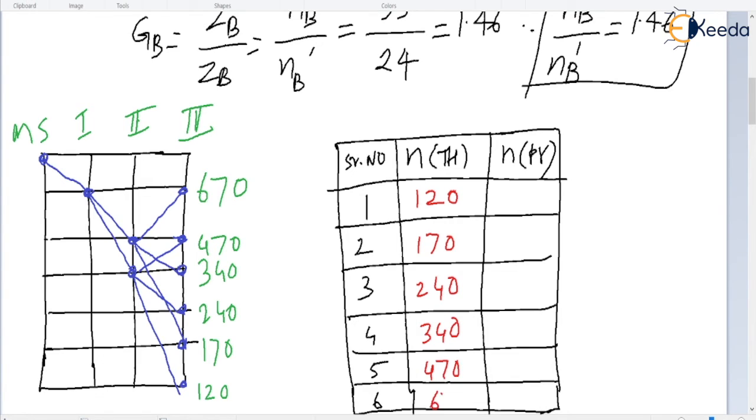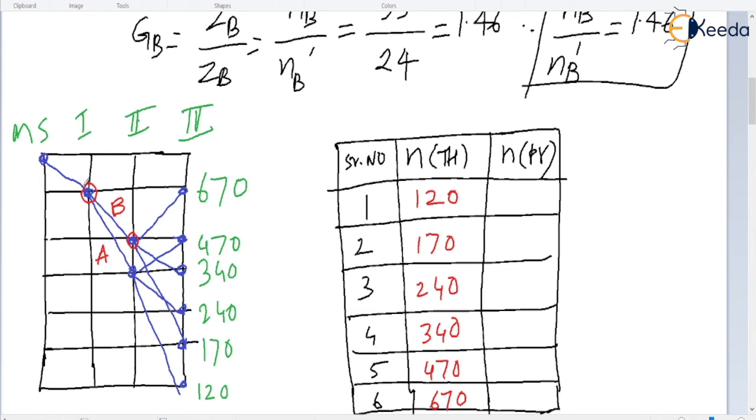There is deviation at a particular point only, and that is related to B. So we will focus only on the speeds related to B. From the diagram, this is B and this is A. If we check for B, the speed deviation is for these two speeds, number 1 and number 2.